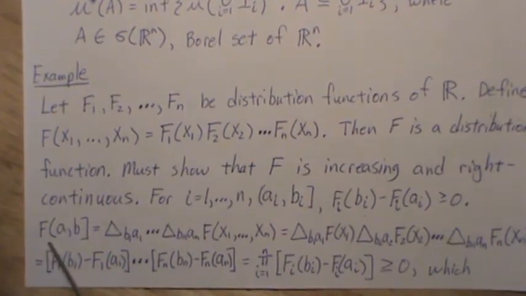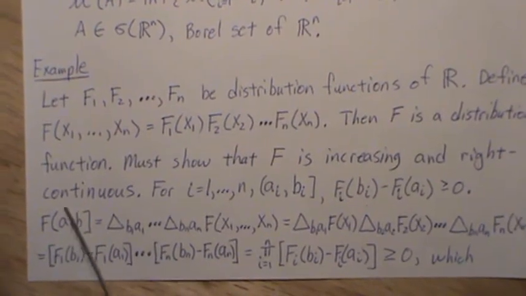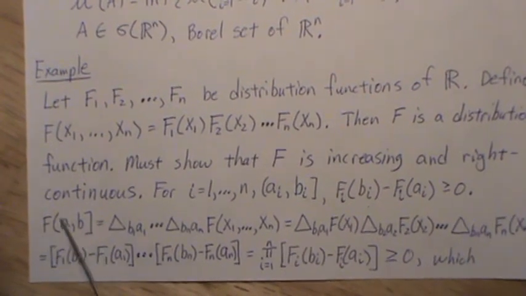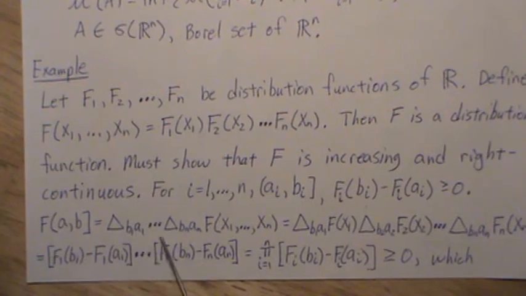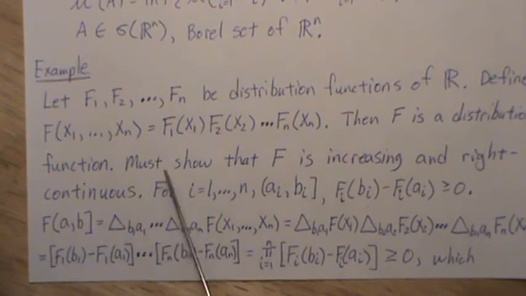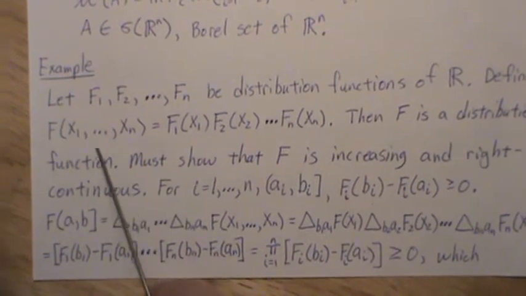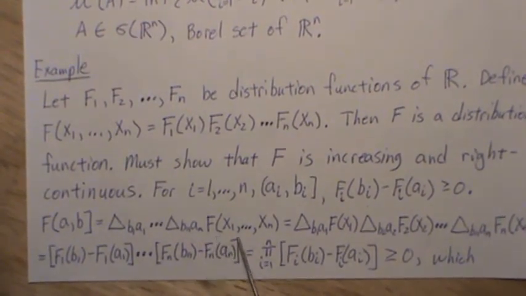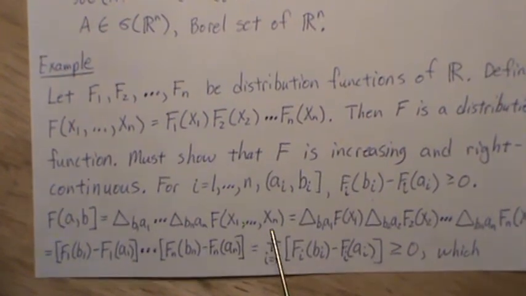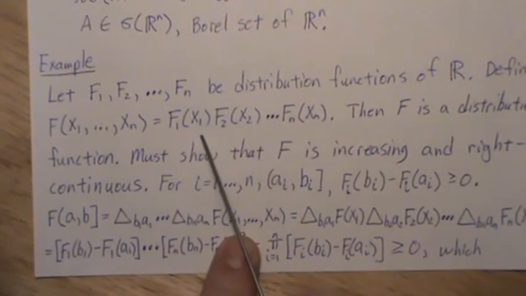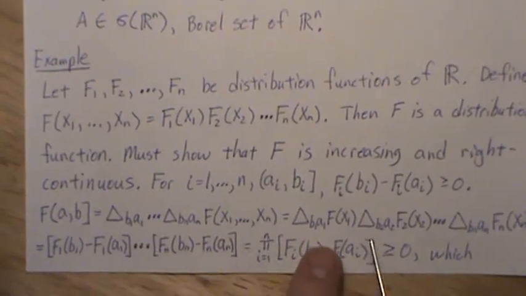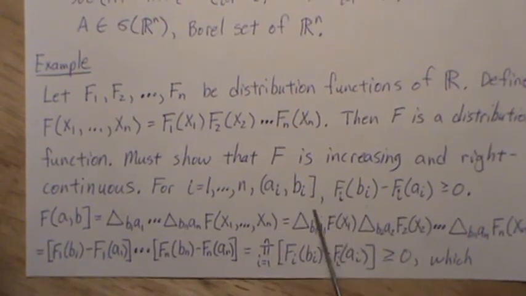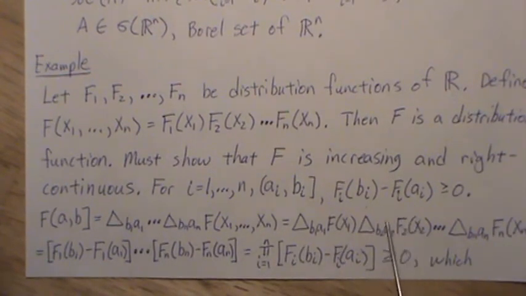Now let's look at the overall measure of the right semi-closed interval in n-space. And this is defined using the difference operator. So you take a difference operator on each component of f of x, which is the distribution function, or at least we're proving it's a distribution function here. But since it's really the product of these individual distribution functions, then you can break it up into the difference operator of f1, the difference operator of f2, all the way to the difference operator of fn.